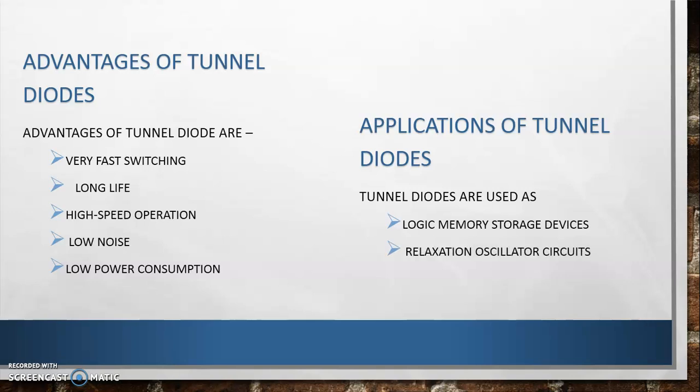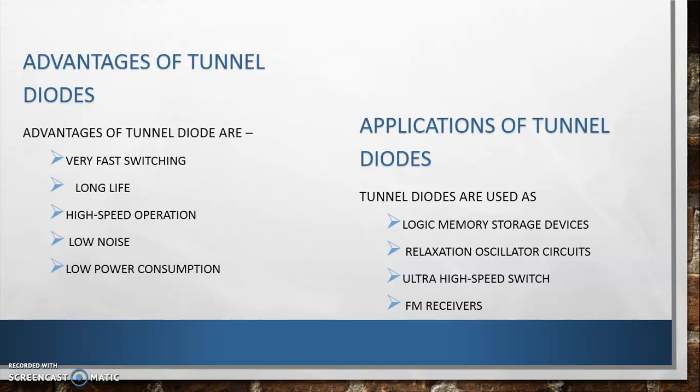Then relaxation oscillator circuits, where for relaxation, meaning time delays, tunnel diodes are used. There are more details you can see in electronics. Then ultra high speed switches, wherever very high speed switches are required. And last, FM receivers, frequency modulation receivers, in which these tunnel diodes are used.